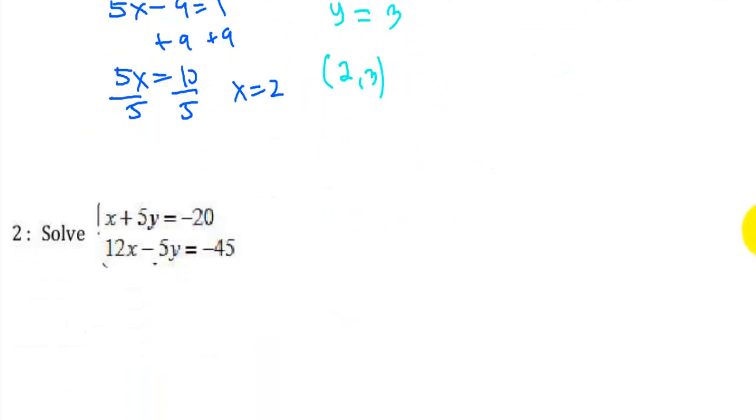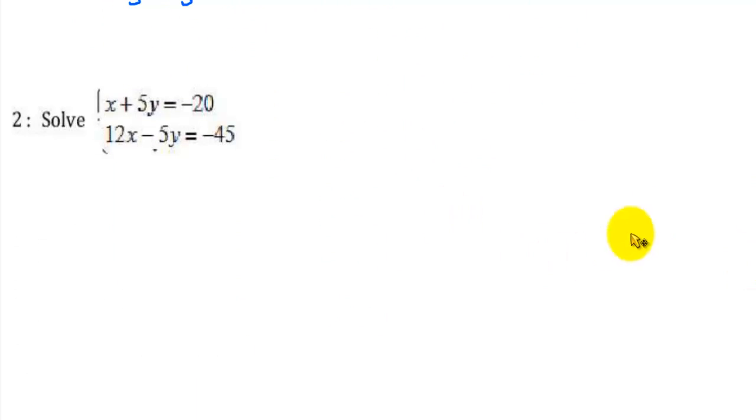Okay, next problem. Now in this system, note that the only variable that has no coefficient is x, and that will be your hint. It means that the best way to solve this using substitution is to solve for x in our first equation. Why? Because, for example, if you solve for y in your first equation, you are going to divide by 5 later on.